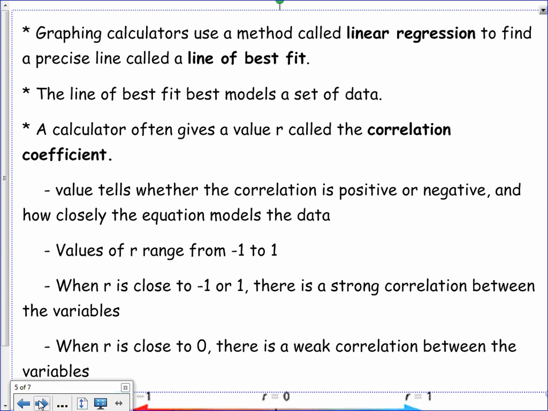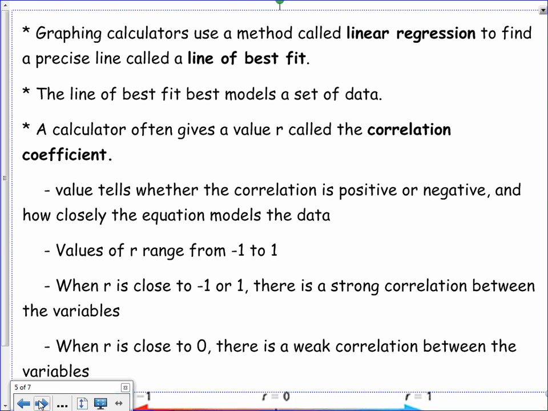All right, now we have some more information. Graphing calculators use a method called linear regression in order to find a precise line called a line of best fit. Because the calculator can do things a little bit more efficiently, to save time, it's a more precise line that's called a line of best fit, not just a line of fit.